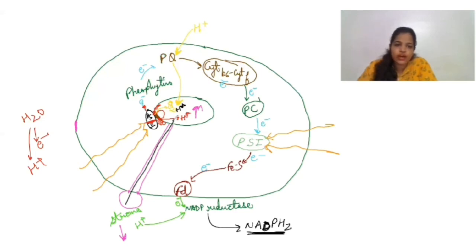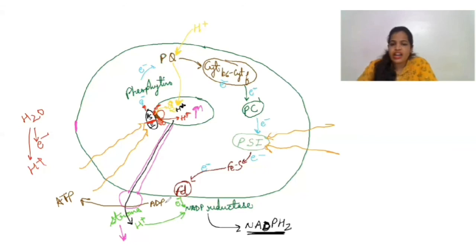And in return, what is being produced? In return, they are producing ATP. ATP is produced by this trading between lumen and stroma from ADP.